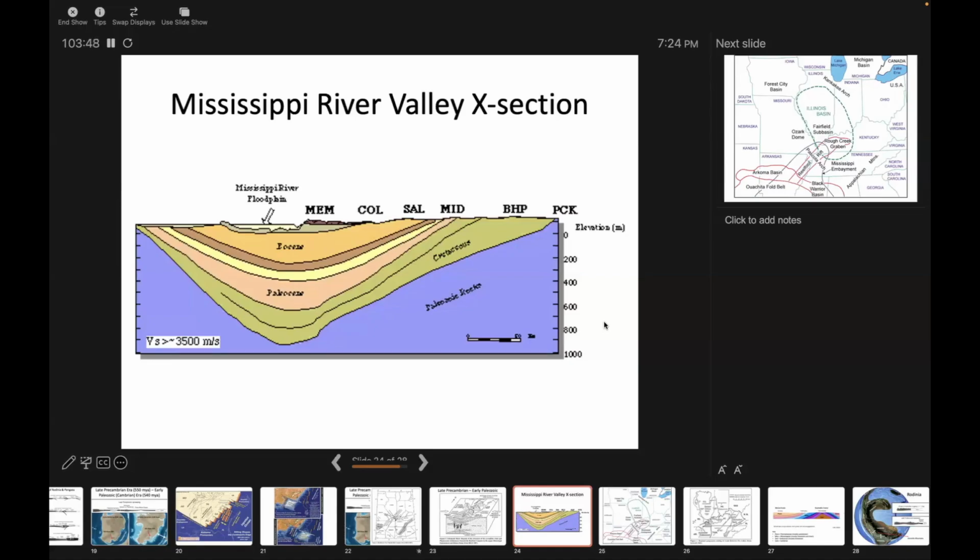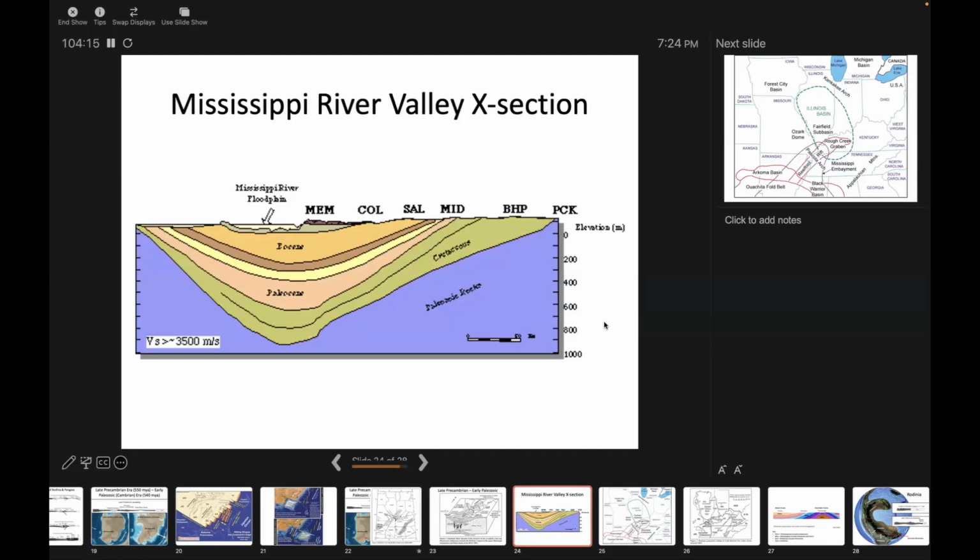Oh, I'm sorry, yeah, great point, 1,000 meters. So we're looking at roughly 3,000 feet below Memphis to get to the first actual bedrock, because all this stuff is mostly gravels and sand formations and unconsolidated. Isn't that crazy? Well, it's because the Mississippi Valley graben is part of it.